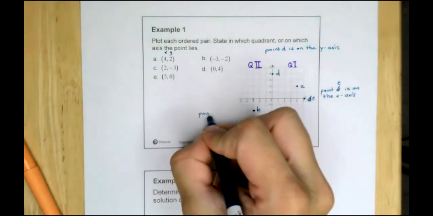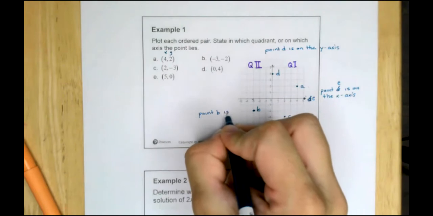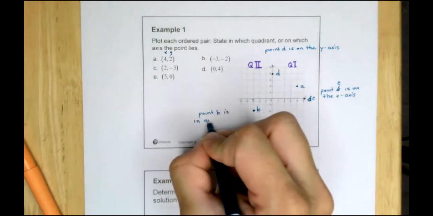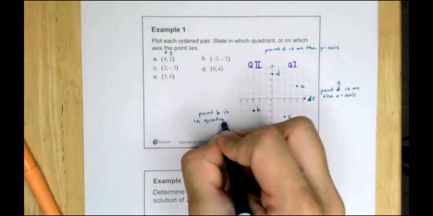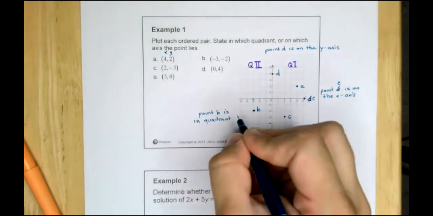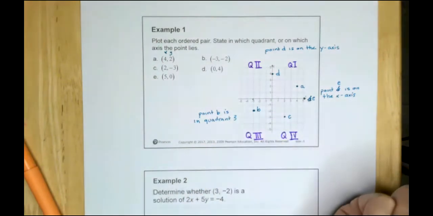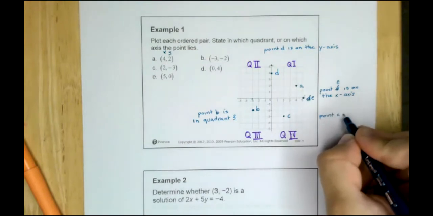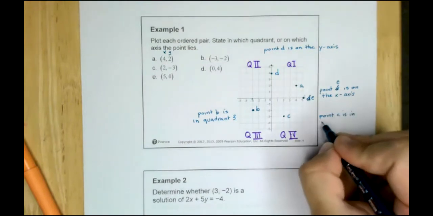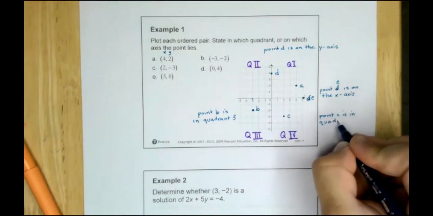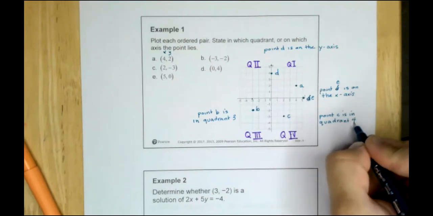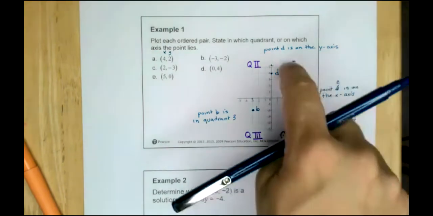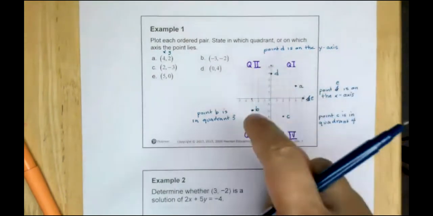Point B is in quadrant 3. Point C is in quadrant 4, okay? So that maybe better explains the quadrants, 1, 2, 3, 4.